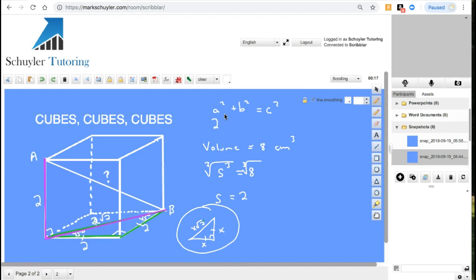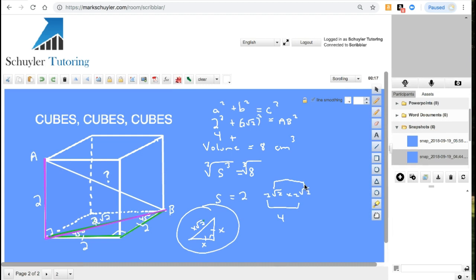One leg is 2 units, so that's 2 squared. The other leg is a little more complicated, 2 root 2 squared, and it will equal the length of AB squared. So make sure we don't make any mistakes. That's 4. And it's really easy to make a mistake when you have something like 2 root 2 times itself, 2 root 2. Remember to multiply the 2 integers together. 2 times 2 is going to be 4.